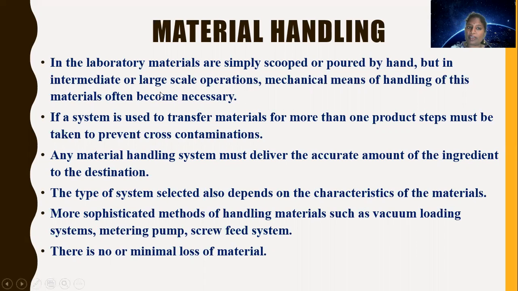But at the intermediate stage, large scale, such as 30 cases or 500 cases, you need special equipment to carry the material from the storage area to the production area, and you have to be very careful. If a system is used to transfer more than one product, steps must be taken to prevent cross contamination.